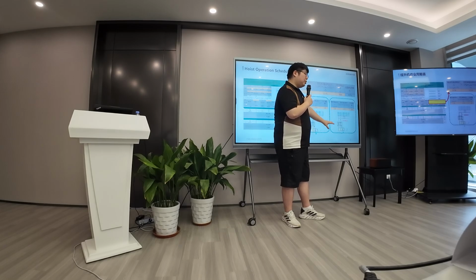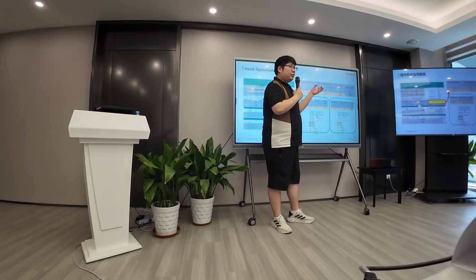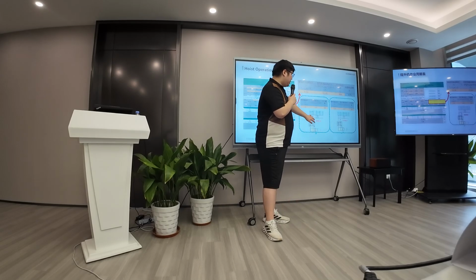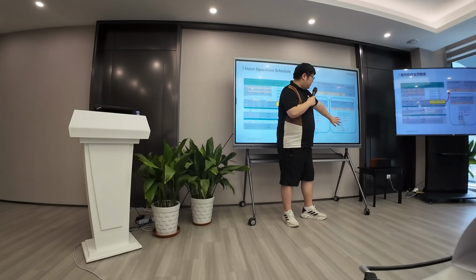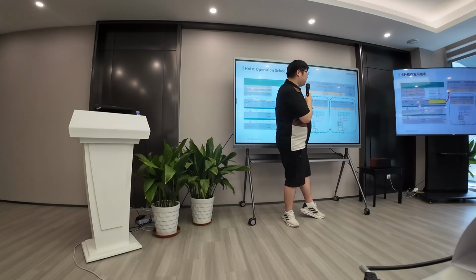For example, if we need to transport a pallet from the 6th level to the 1st level, in the conveyor situation our shuttle just puts the pallet at the conveyor and leaves, and our hoist gets the pallet and lifts it to the 1st level. But in the other situation, our shuttle needs to take the pallet into the hoist, transport the pallet to the 1st level, and the shuttle will go to the 1st level. That's the difference in efficiency.